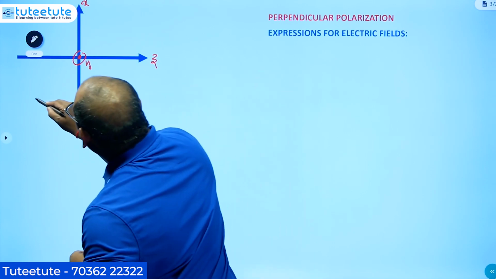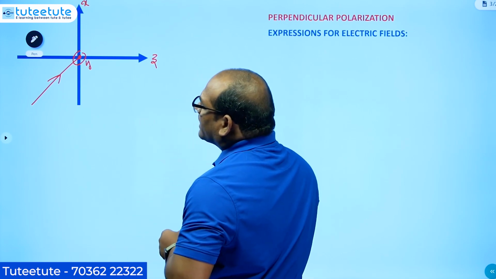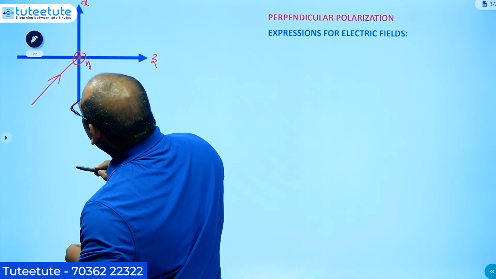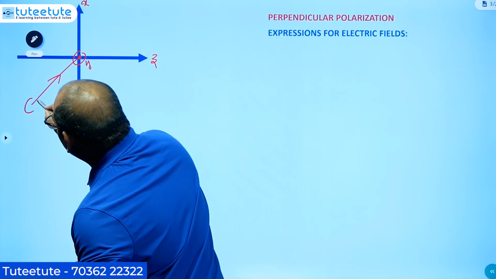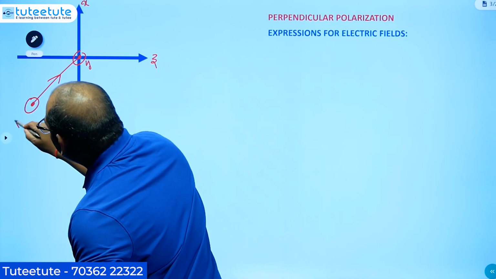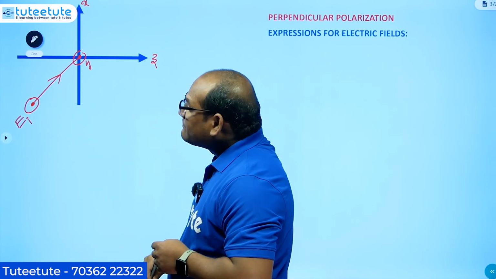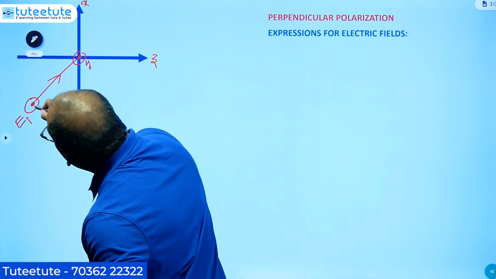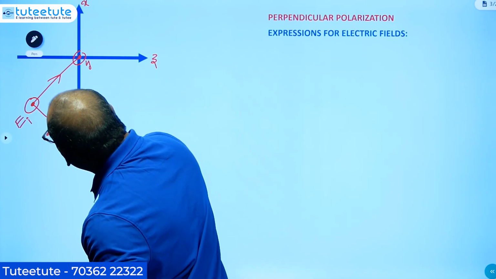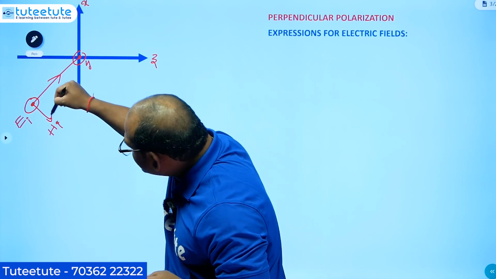So as I said, we have to take this incident electric field that is incident on this boundary, and since we are working with the perpendicular polarization, the electric field must be coming out of the plane of incidence. So EI is coming out of the plane of incidence, the XZ plane being the plane of incidence. Next, the magnetic field of the incident wave HI is represented like this. This is the orientation of the HI.